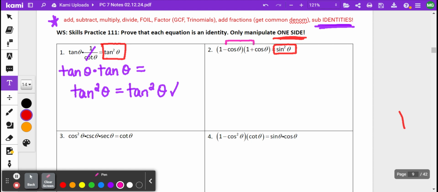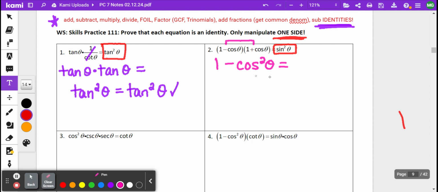When we FOIL binomials that are conjugates, we have the first term squared, right? 1 times 1 is 1. But then the outer and the inner cancel each other out. So I'm not even going to write that. And now I have negative cosine of theta times cosine of theta, which gives me minus cosine squared of theta, right? Remember, cosine of theta times cosine of theta is cosine squared of theta.